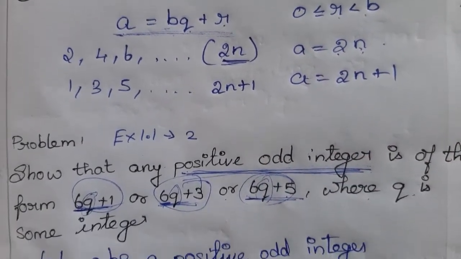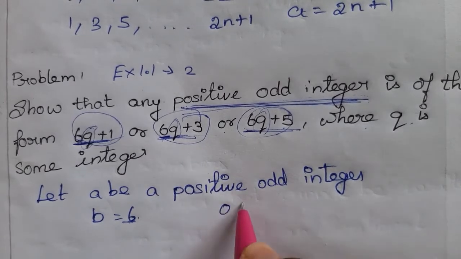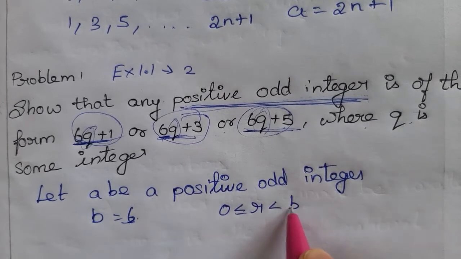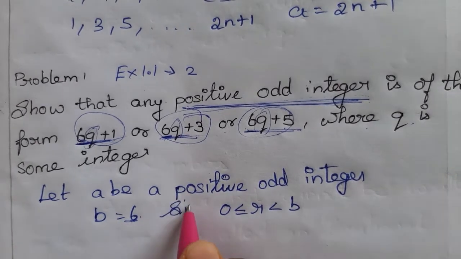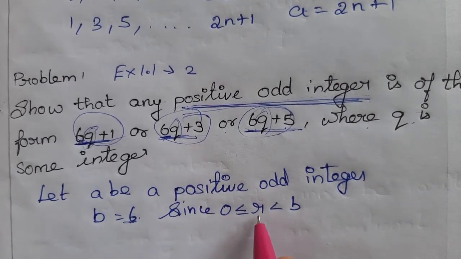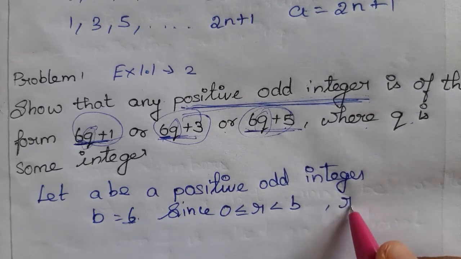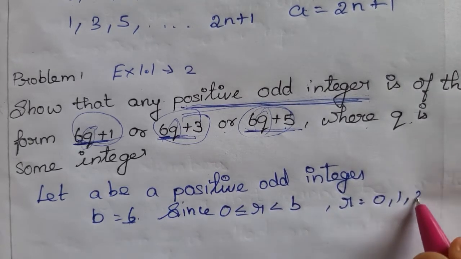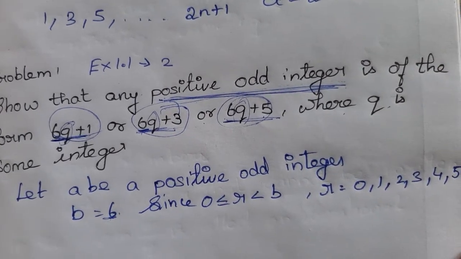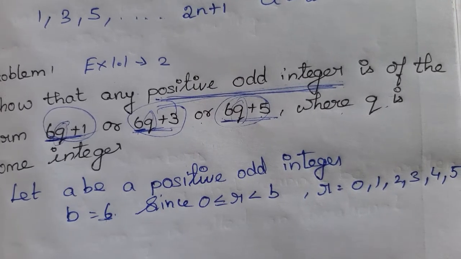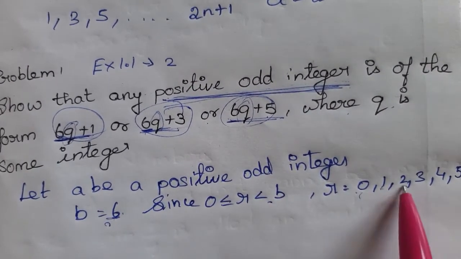Here b is equal to 6, so r is equal to 0, 1, 2, 3, 4, 5, because it should be strictly less than b. The b is 6, so r can be 0, 1, 2, 3, 4, 5.